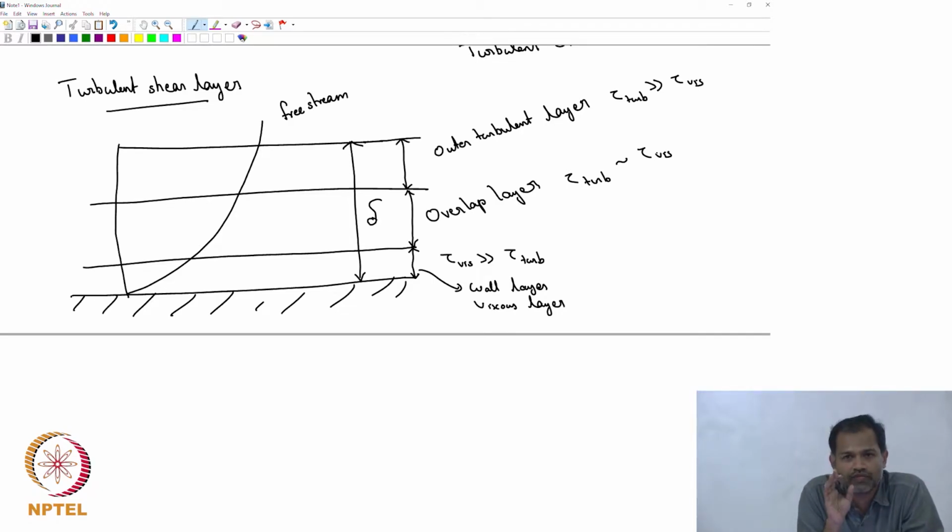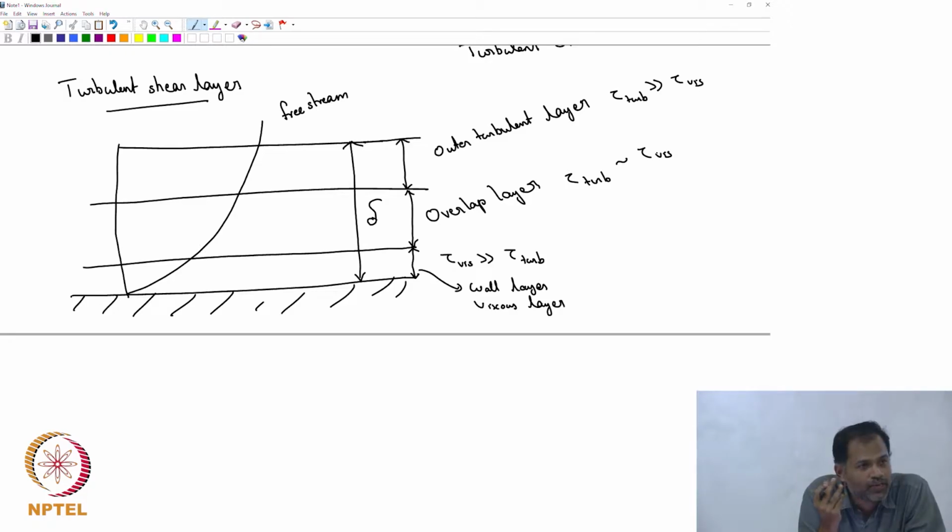We are saying that if you are looking at turbulent flow, we need to worry about viscous stresses and turbulent stresses. Very close to the wall, viscous action will be so strong that turbulent stresses will be small compared to viscous stresses. So, you have a wall layer, but if you go sufficiently far from the wall, then turbulent stresses will be larger than the viscous stresses, and in between there may be a region where the viscous stresses and turbulent stresses are of a similar nature.